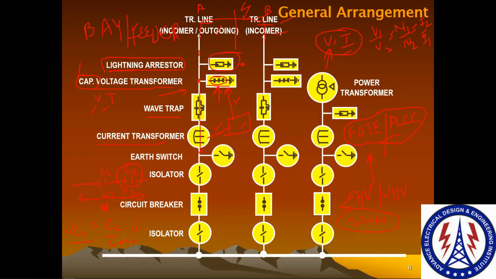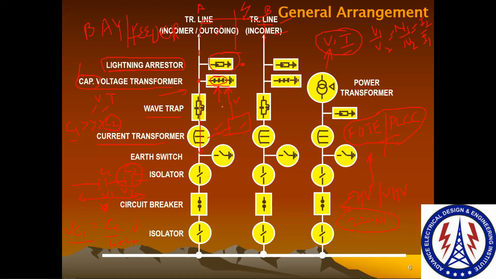Here we take the capacitor values in such a way that the C1 value is very, very high with respect to the C2 value. You can say the capacitance of the second capacitor is negligible with respect to C1.